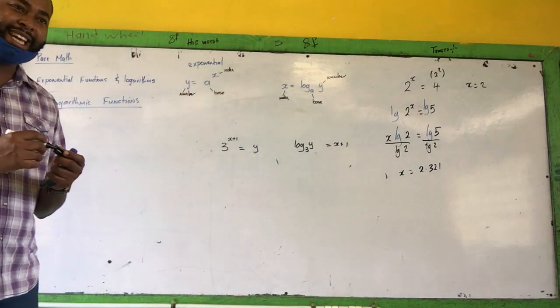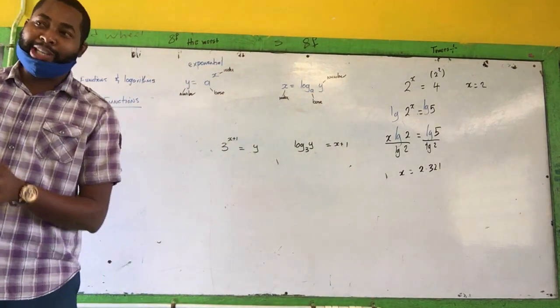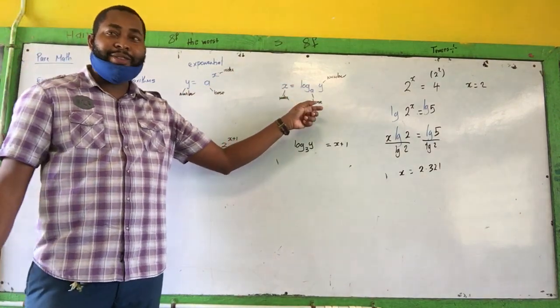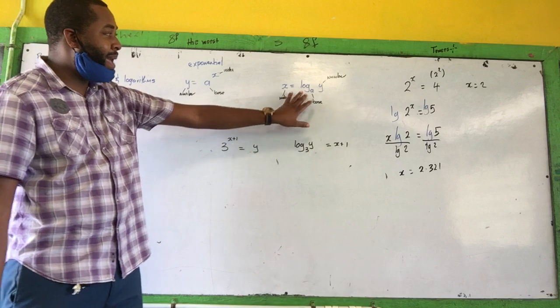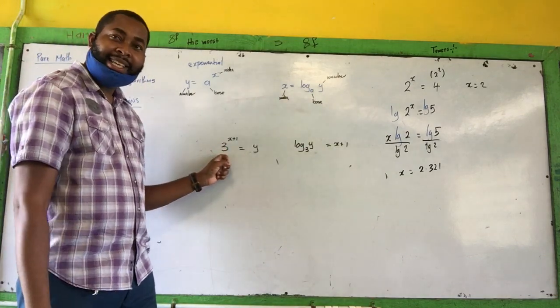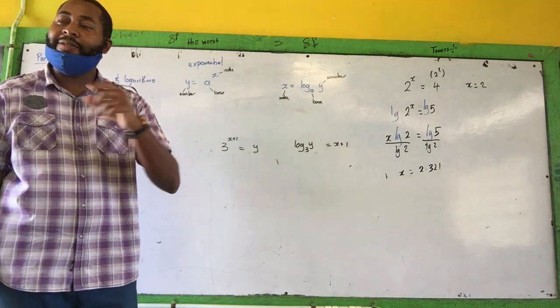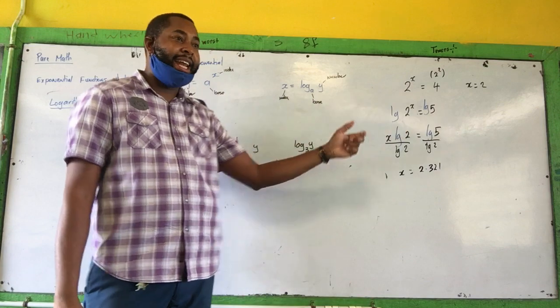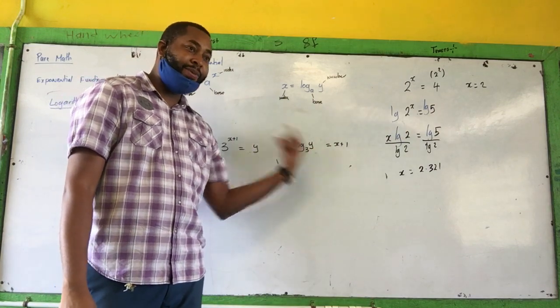You see how I pieced it together? The base will always be the base, whether in exponential form or logarithmic form. So you start with log of the base, and log is to help us solve for the exponent. So you put the exponent on the equal side, and anything else you need, you put with the log.